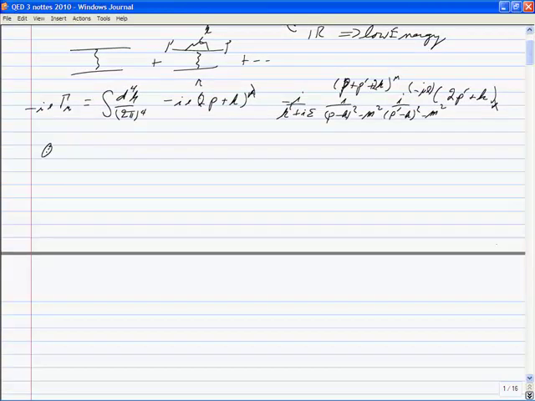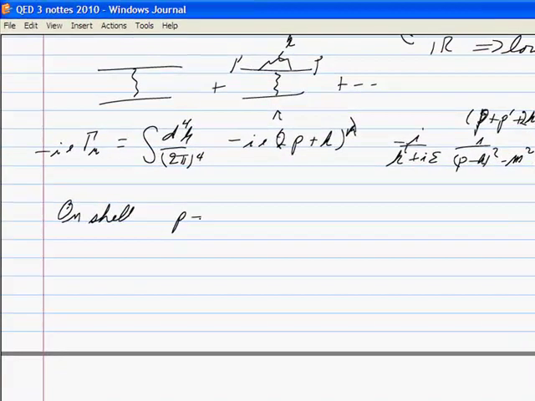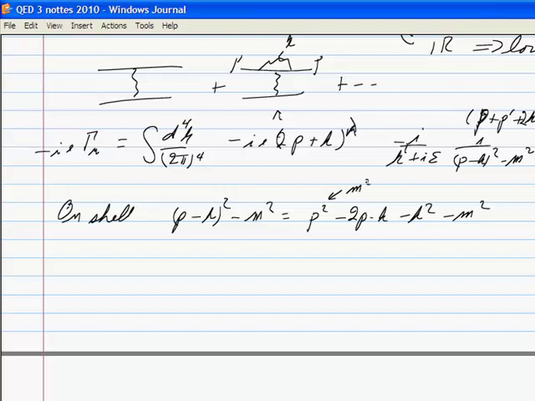When we're on shell, so these external states are on shell, we have (p minus k) squared minus m squared is p squared minus 2p dot k minus k squared minus m squared, and p squared is m squared when you're on shell.